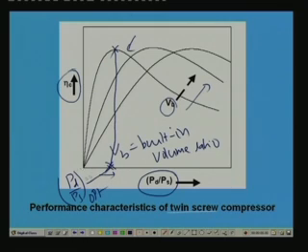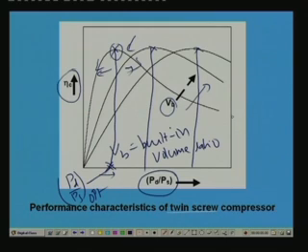However, at off design conditions the compression ratio can go this side or this side. So, the efficiency will reduce when you move away from this peak point. And you can also see that as the built-in volume ratio is varying, the optimum pressure ratio at which the peak efficiency occurs also shifts.